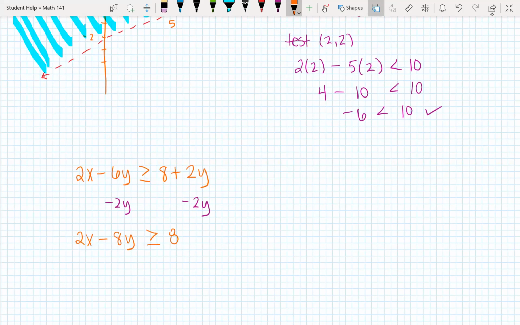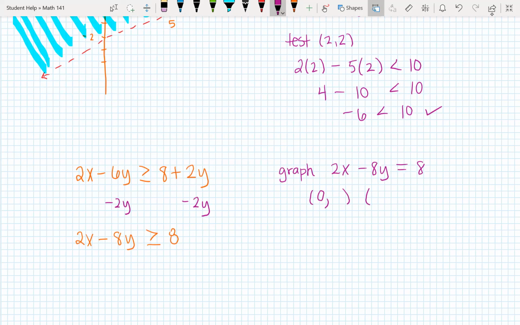And so I'm going to think about graphing the line 2x minus 8y equals 8. And the y coordinate for this is going to be 0, -1.